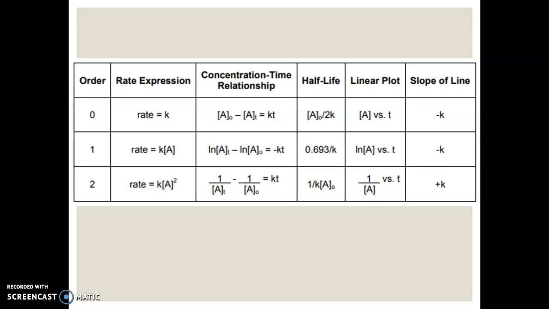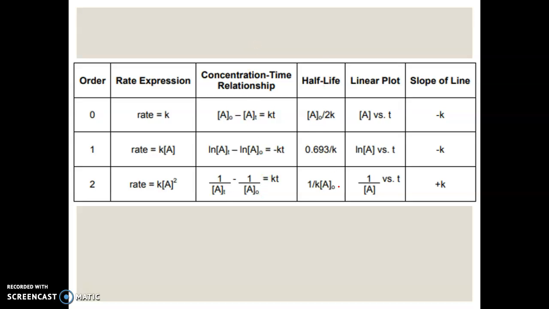So I have a table on the bottom of page 4 that summarizes the different orders of the reaction, zero order, first order, and second order. And so you can see the rate expression, that's your differential rate law. The concentration time relationship is shown here, and that's where we're looking at our integrated rate law equations.